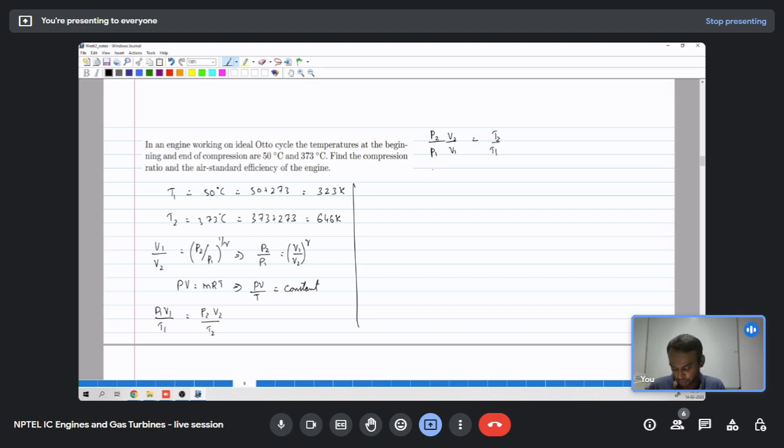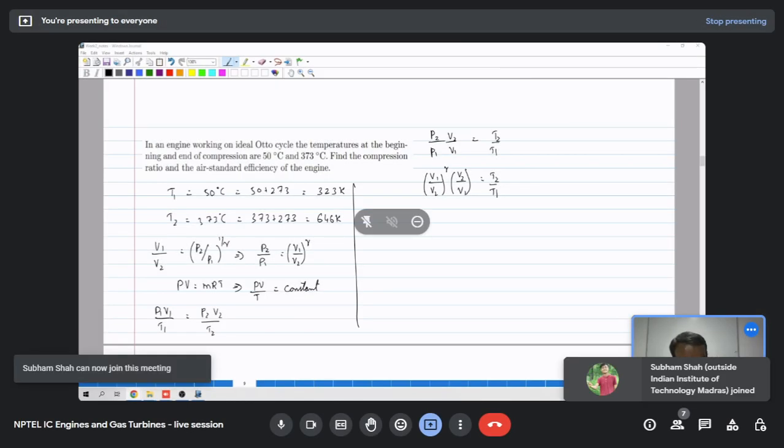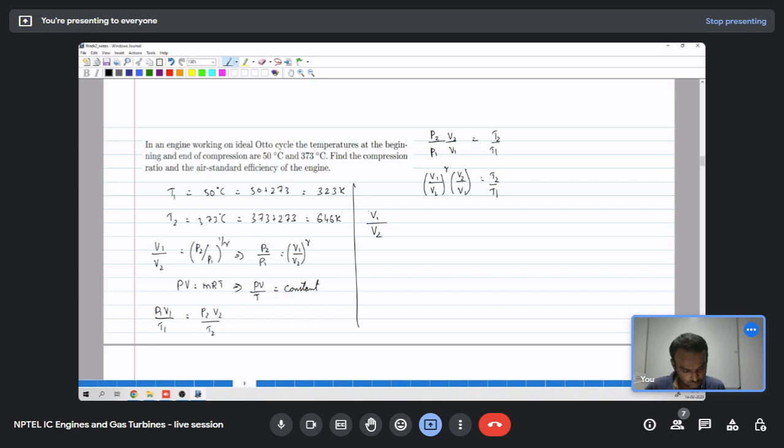So P2 by P1 is V1 by V2 power gamma, and V2 by V1 is equal to T2 by T1. So that is V1 by V2 power gamma times V1 by V2 power minus 1 is equal to T2 by T1. So that is V1 by V2 power gamma minus 1 is equal to T2 by T1.